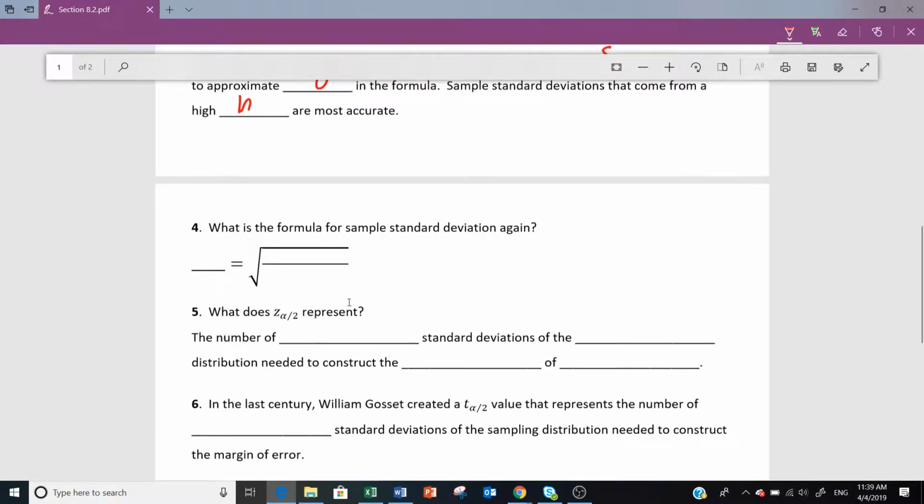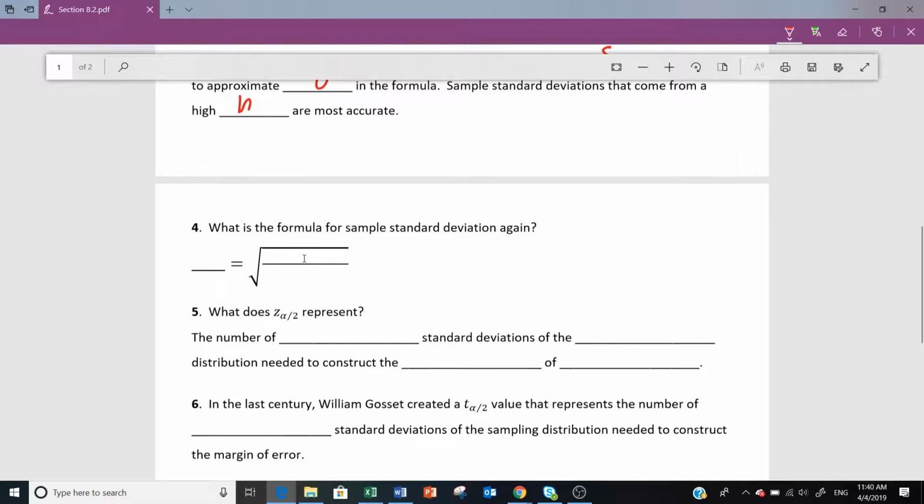Well, we need a formula for the sample standard deviation. That's going to come into play. Does anyone remember what the formula for sample standard deviation was? Let's go through our notes and see if we can find it and write it here. Don't worry about copying this down.